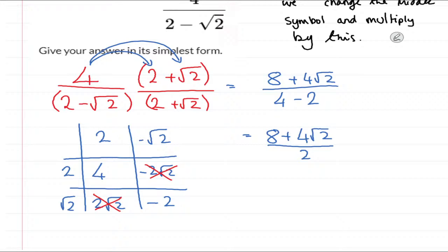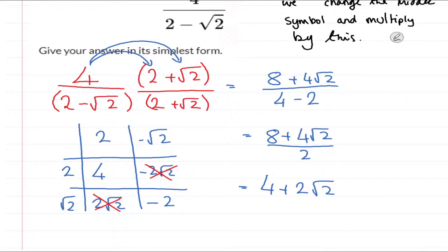What do I not divide by 2? The root 2, because the surds and numbers are separate. So here, 8 divided by 2, which is 4, plus 4 divided by 2, which is 2 root 2. Root 2 is an irrational number.